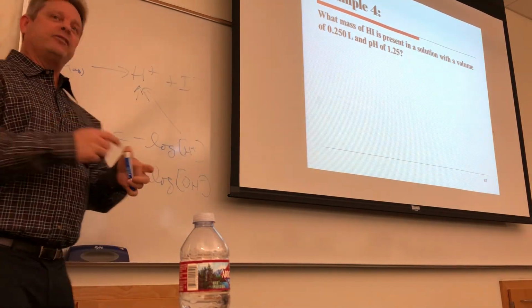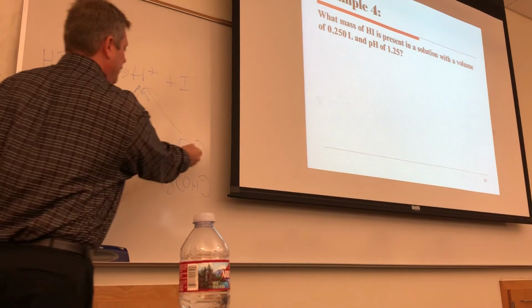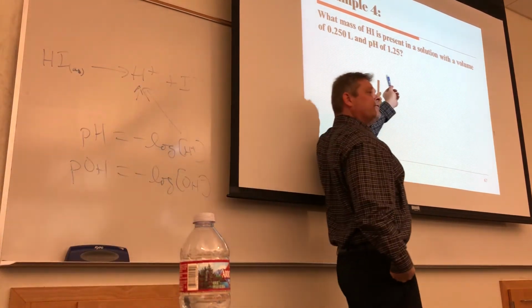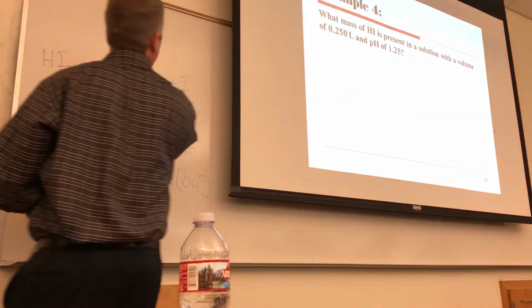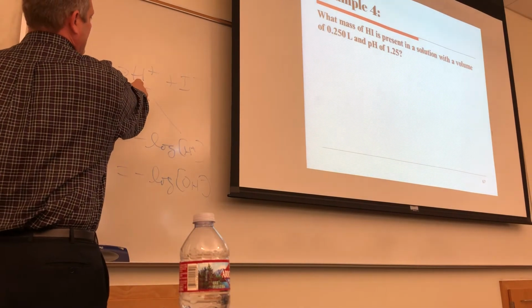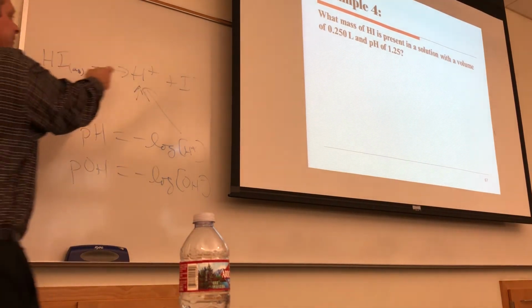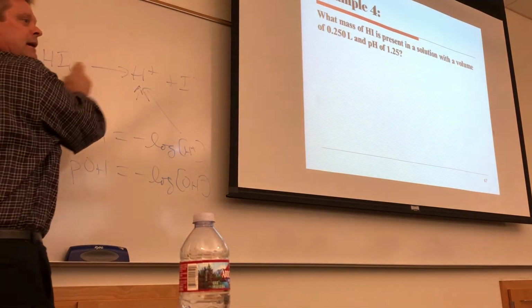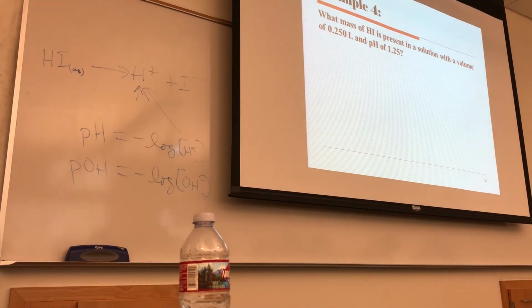Does everybody recognize that? If I have the pH here, I can solve for this, which I do at 1.25, which means that if I know this, then I know what the concentration of this is through this ratio. And then I have my volume, so I can use that volume and the concentration as a conversion factor to solve for the moles, and from the moles, I use the molar mass to solve for the mass.